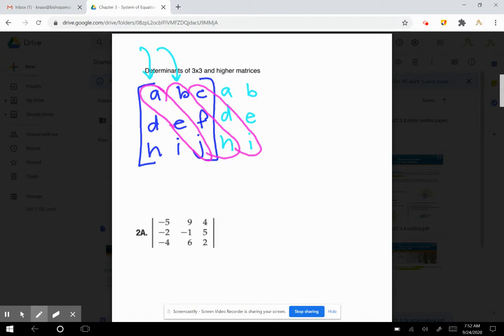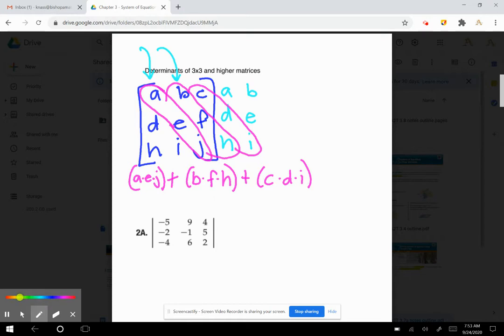Basically it looks like this: A, E, J, all multiplied together. So it's those plus B times F times H plus C times D times I.